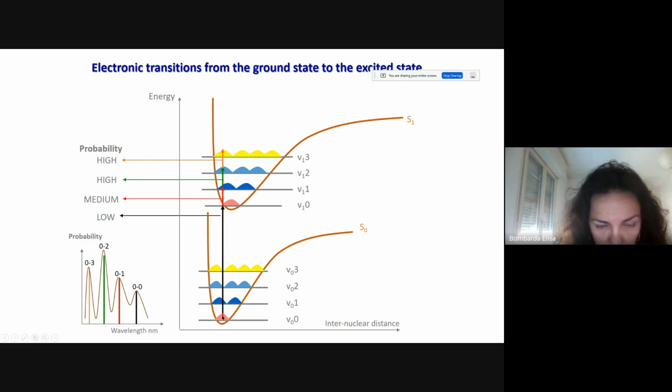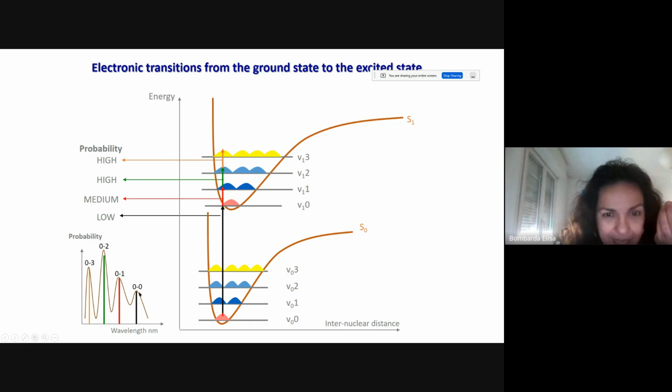But as you see, here the molecule is very much present, but it arrives at a point where the molecule is not very much present, the probability of finding a molecule is very low, which will be reflected in a lower probability of this transition.